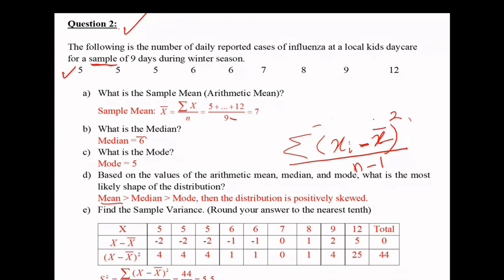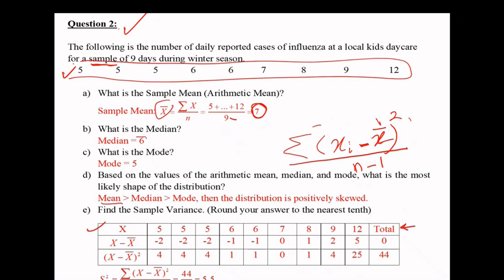What is x bar? I already calculated x bar here. It is 7. This first column is taken from the data. I need each value minus x bar first, then I will square it.